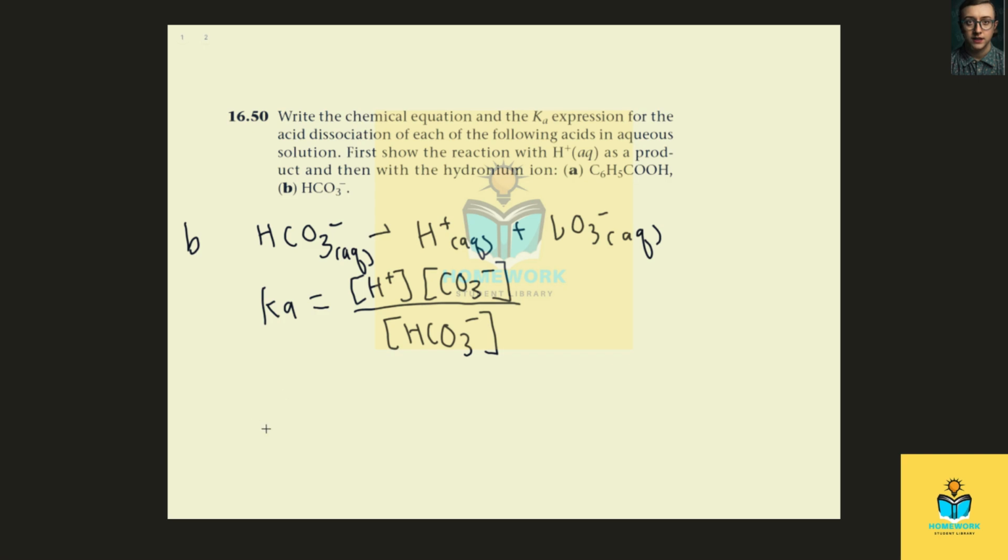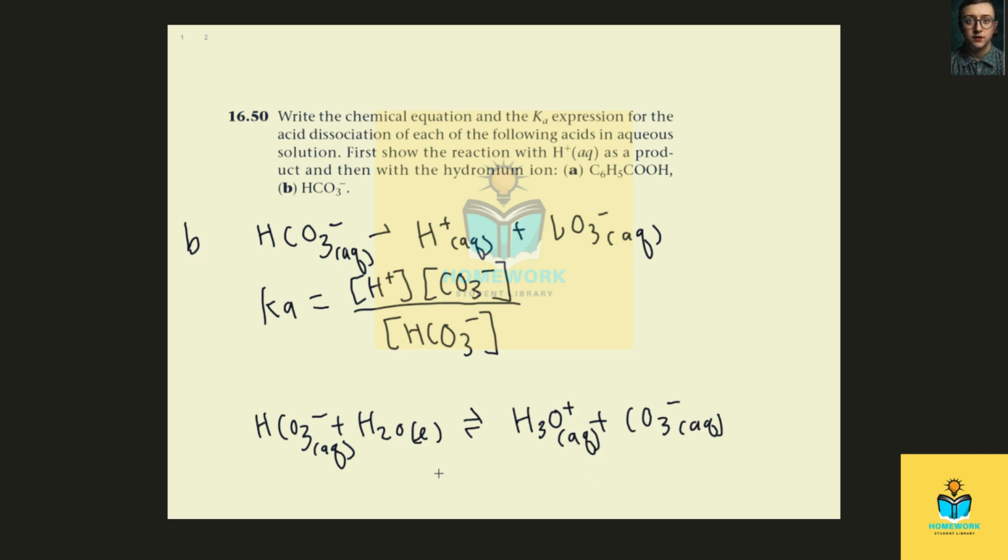So to do that, we're going to do HCO3 minus plus H2O. Make sure we add our states. Goes to H3O plus and CO3 minus aqueous.